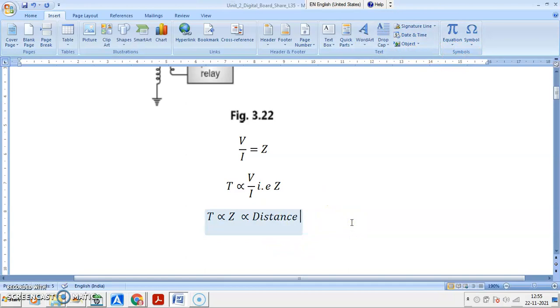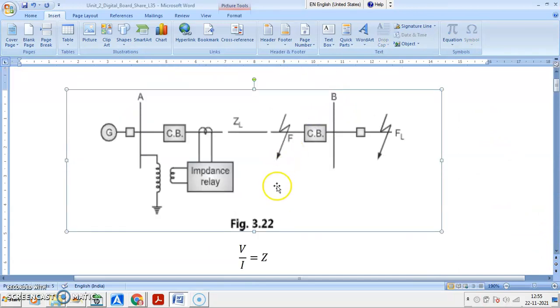So operating torque is directly proportional to distance or impedance. So the relay is called an impedance relay. Any doubt? Diagram for impedance relay you can see. This is a diagram for your distance relay.